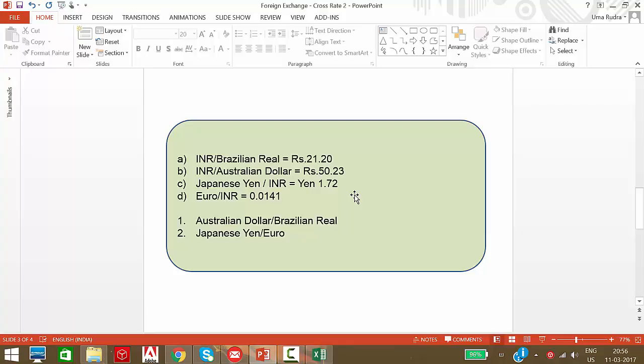As you can see, in all currency combinations one part is the Indian rupee, because this exchange rate comes from any Indian bank.